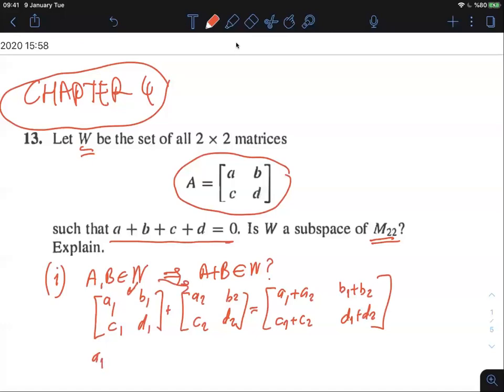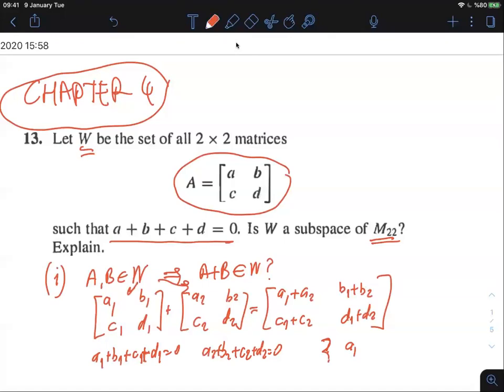It means A1 plus B1 plus C1 plus D1 is 0, and A2 plus B2 plus C2 plus D2 is 0. So the question is whether the sum of all entries here are also 0, right? That's the question.